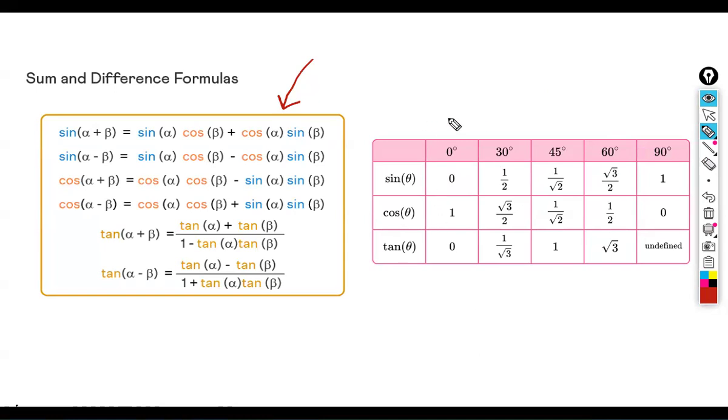Also, sometimes in the exam, the angles are not given in degrees. Some of you know the angles as radians by heart already because you did it in integration. For example, 30 degrees is the same thing as pi on 6. 45 degrees is pi on 4. 60 degrees is pi on 3.